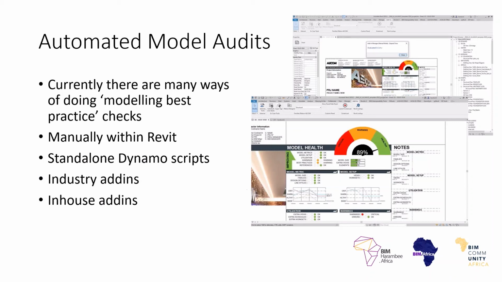So it feeds that information back in, and you can see this sort of dashboard and whether or not your model is healthy or it's got unhealthy practices in it.